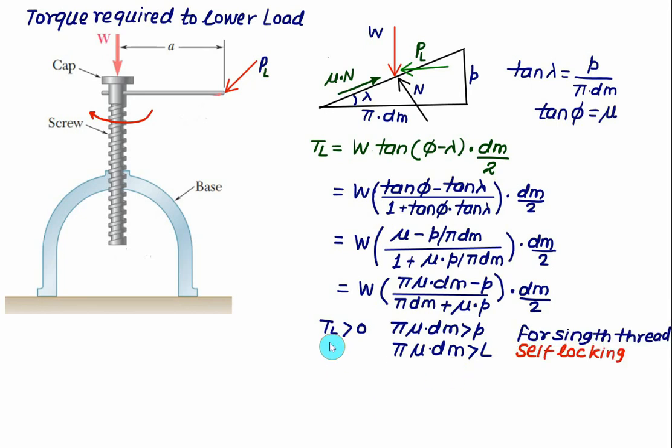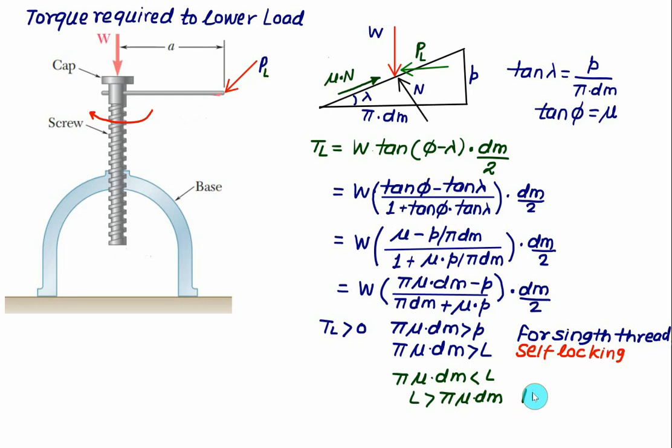So if the value of TL is positive, it is called as self-locking. And if we have the value of pi into mu into dm less than lead, that is, lead is greater than pi multiplied by mu multiplied by dm, in that case, no external force is required.